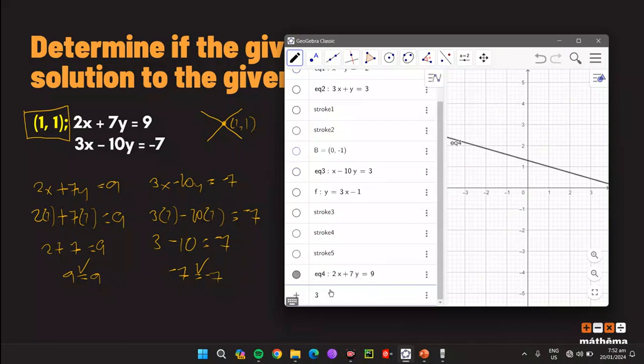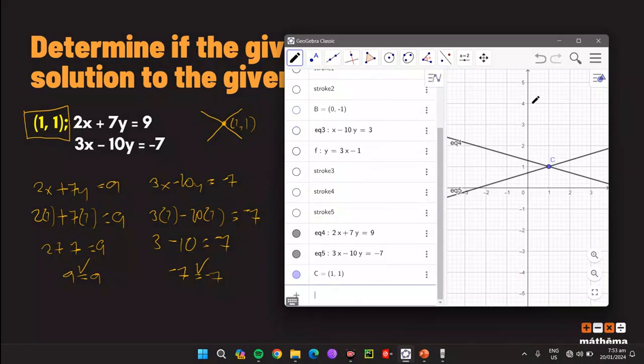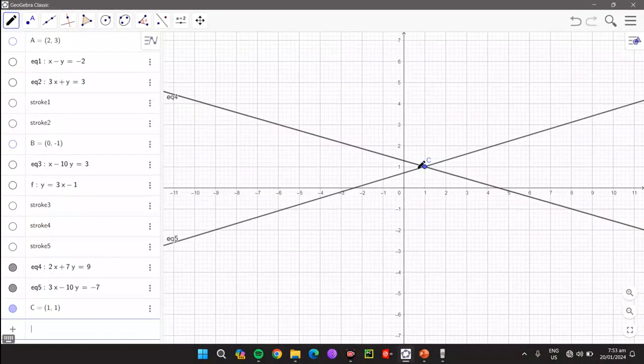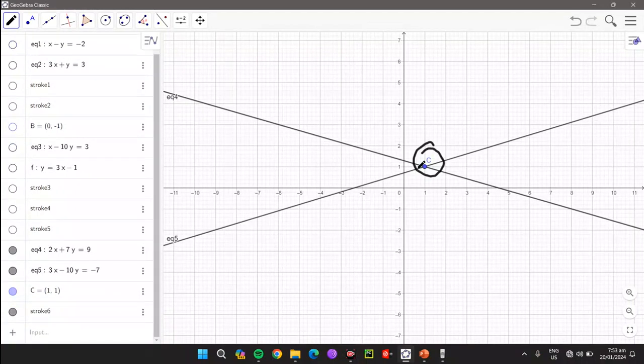And then the other one is 3x minus 10y equals negative 7. Now, if we plot the point 1 and 1, as you can see here, it is the intersection of our two linear equations, making it the solution of the system.